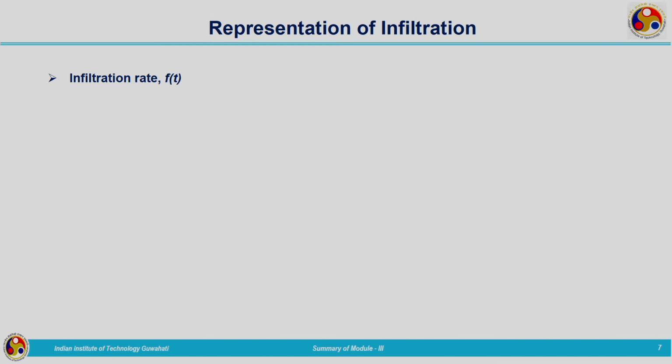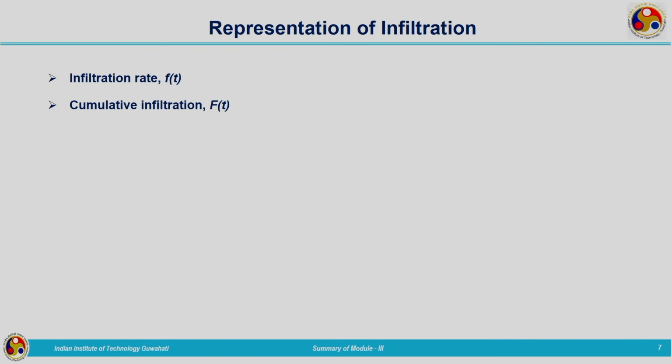We are not considering the interval, but the total time and total water infiltrated, in the case of cumulative infiltration. After that we saw the relationship between infiltration rate and cumulative infiltration.